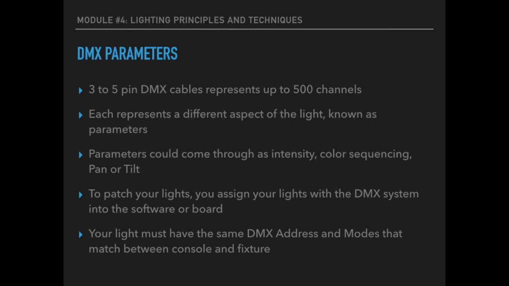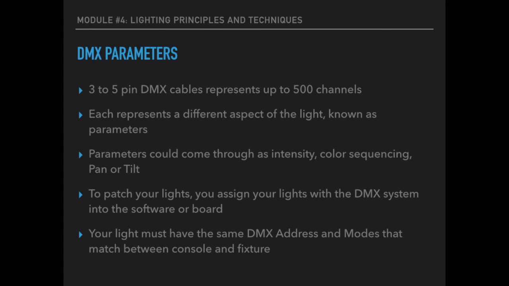These are the different things that you can tell the light to do. They include intensity, how bright or intense it is, but also color sequencing and how much color you want, and then also pan and tilt and sometimes zoom as well with intelligent lighting.